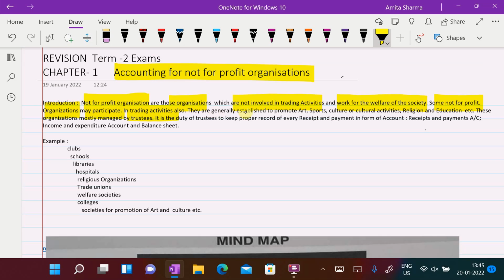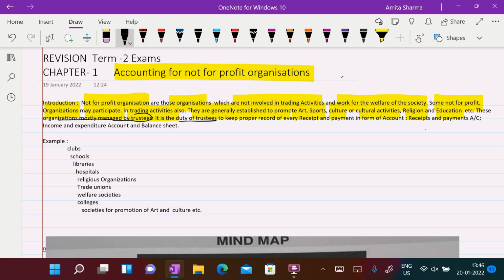Not for profit organizations are generally established to promote art, sports, culture or cultural activities, religion, education, etc. And these organizations are mostly managed by trustees.